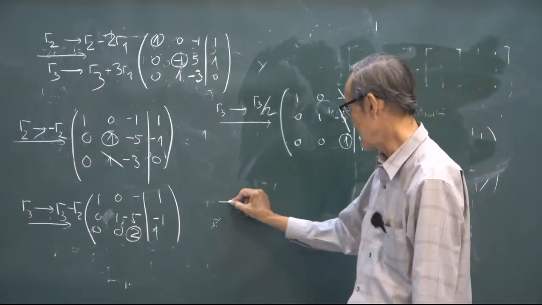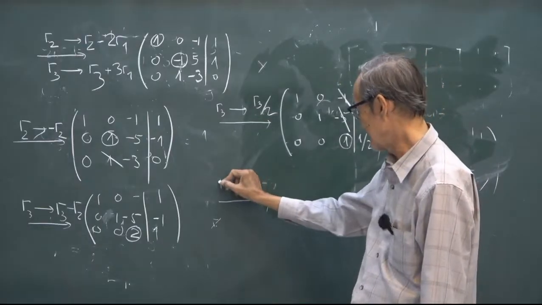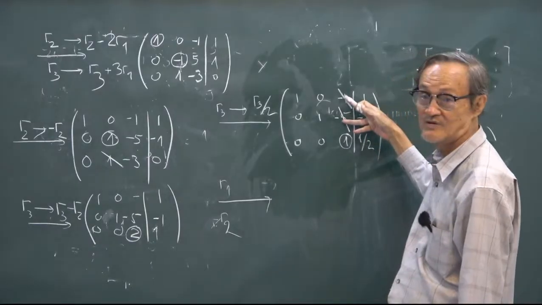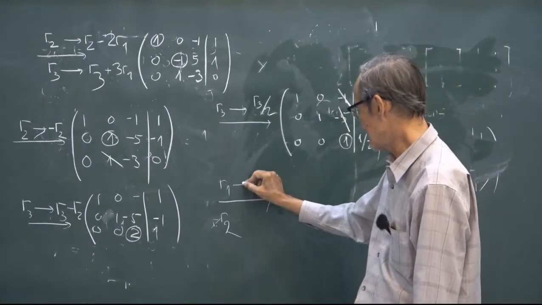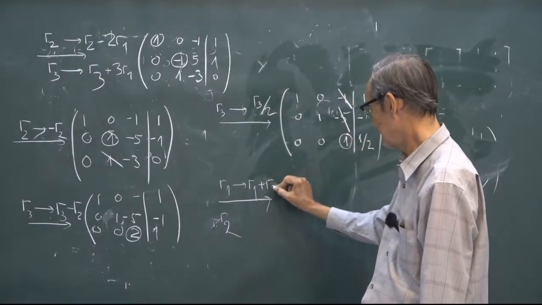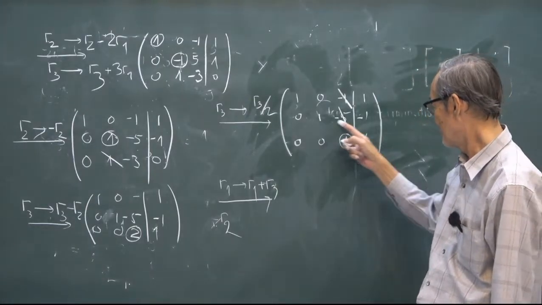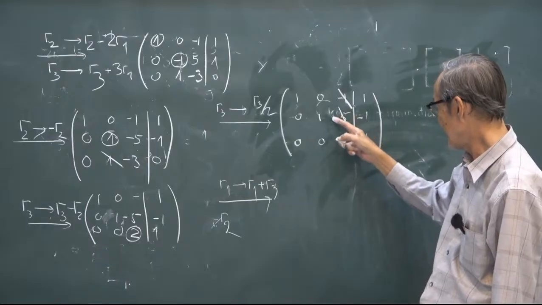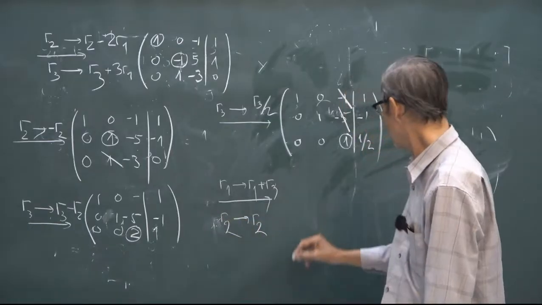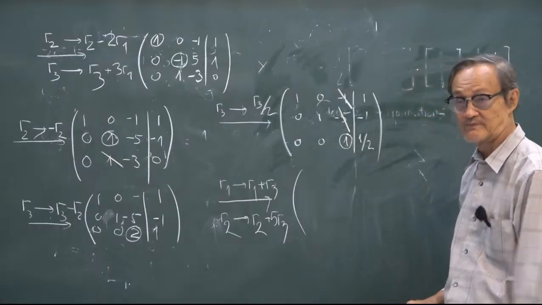Similarly, we transform equation 1 and equation 2. Row 1 becomes row 1 plus row 3. And row 2, which contains this number, becomes row 2 plus 5 row 3. Okay.